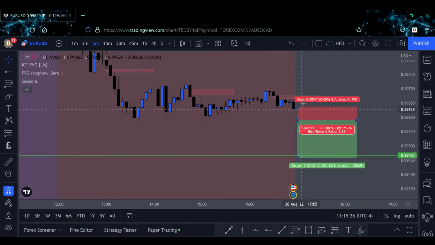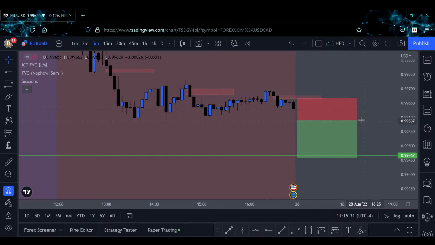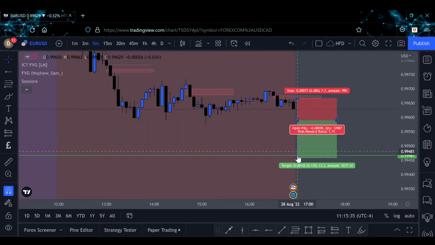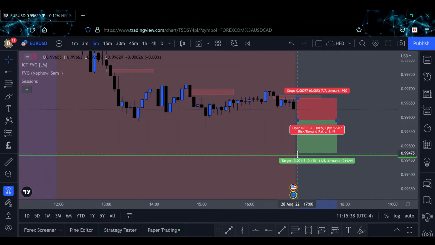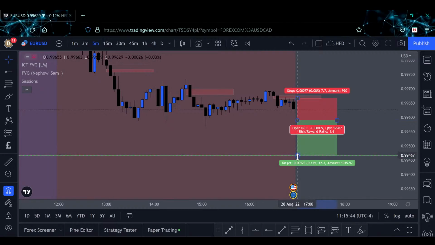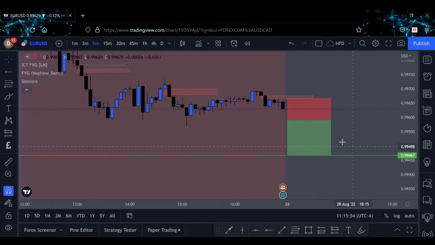So you could set something like this, TP here just on the liquidity level, but just below it. Oh, that's cool. Something like that. That's cool. Good enough.